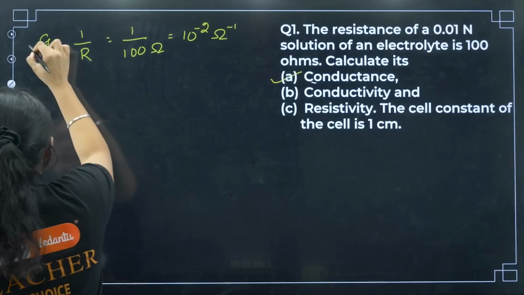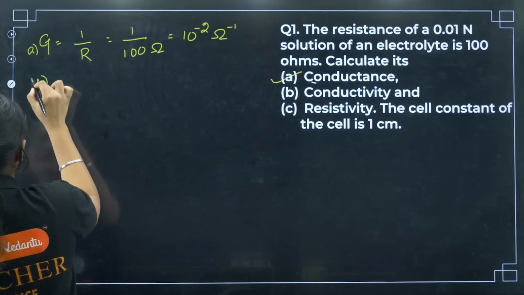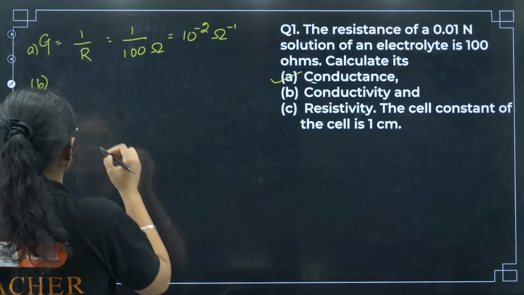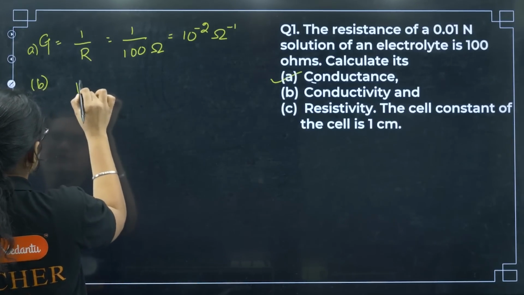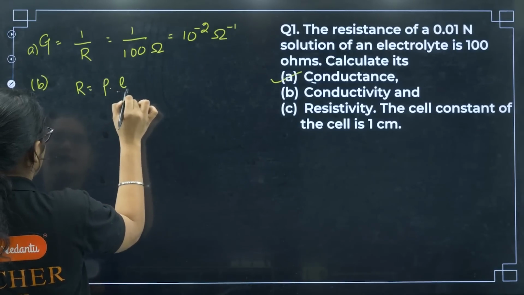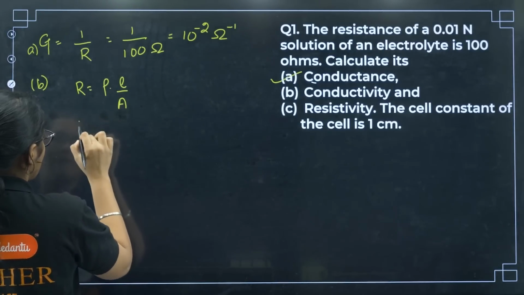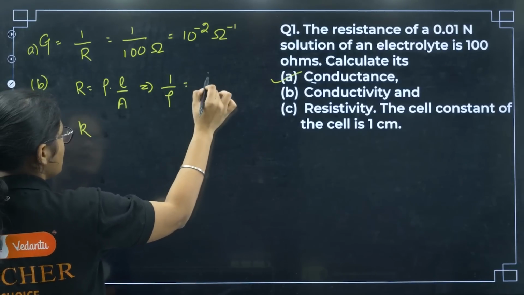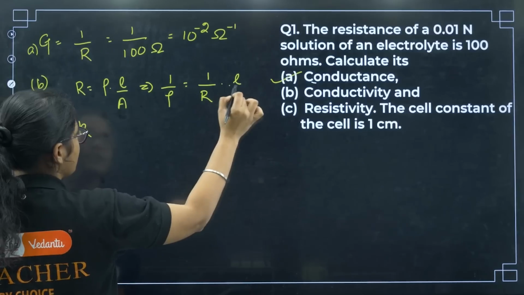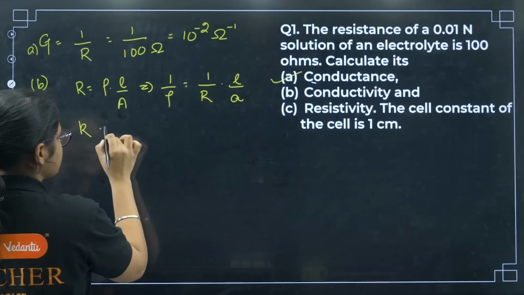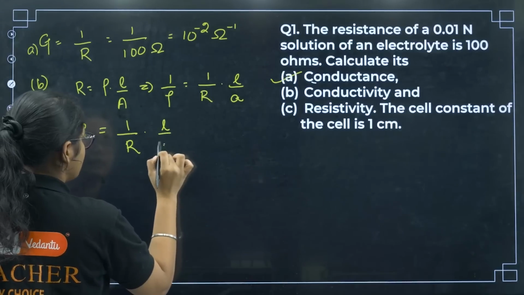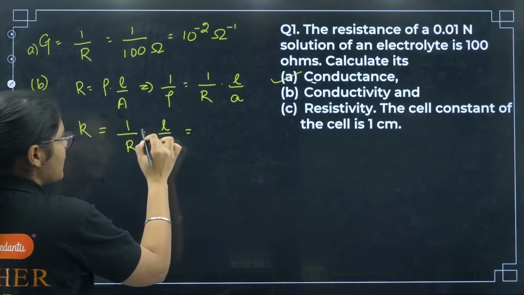Next, B is conductivity. We have the formula R is equal to rho into L by A. So kappa, that is 1 by rho, I can write as 1 by R into L by A. So what is the 1 by R value?